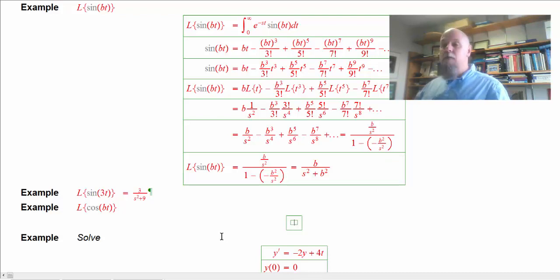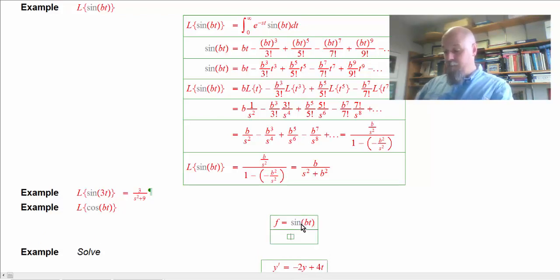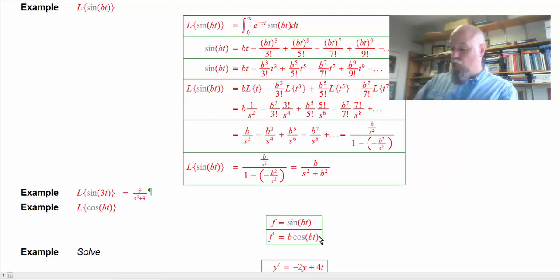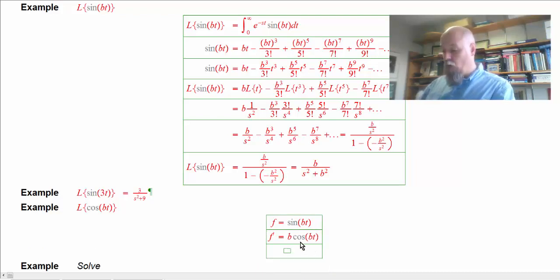But we could even do this easier, because I know that if f is equal to sine of bt, then f prime is equal to b cos bt. So I'm going to take the transform of b cos bt.